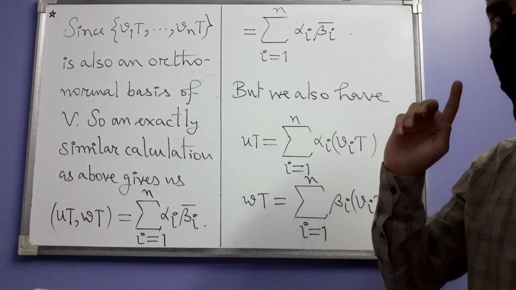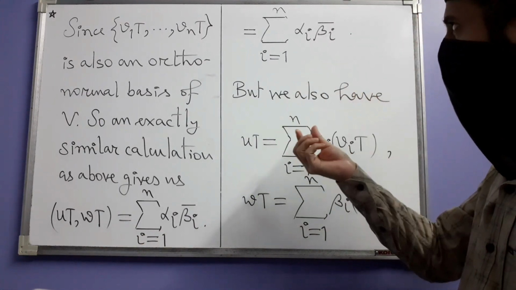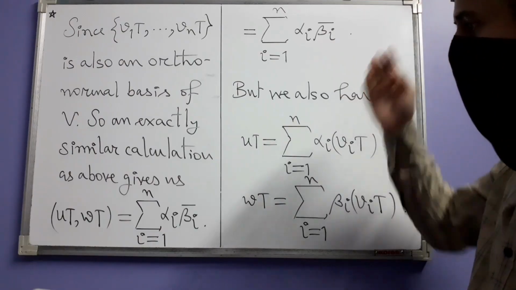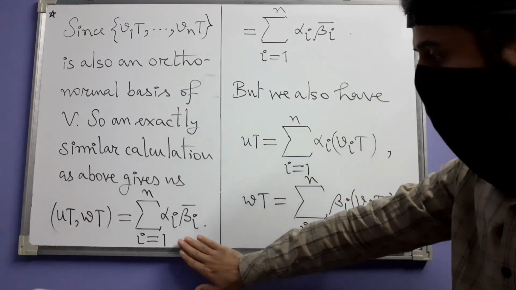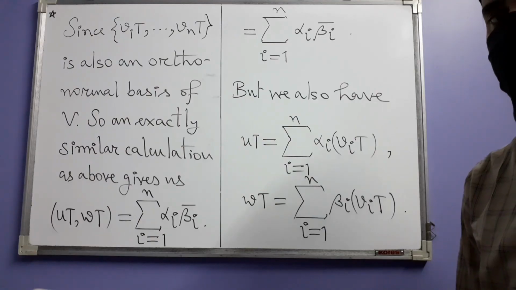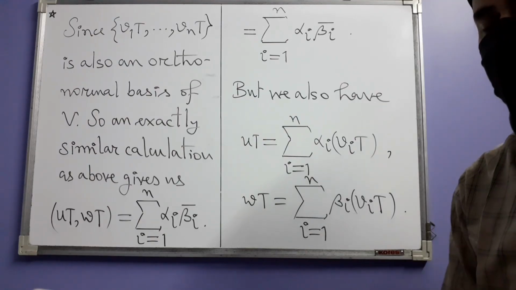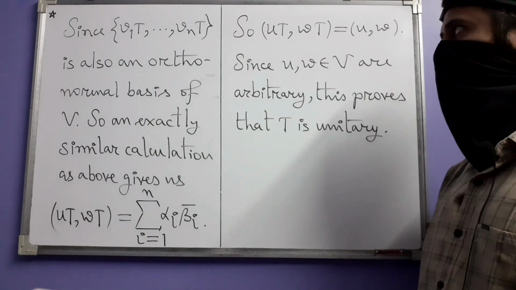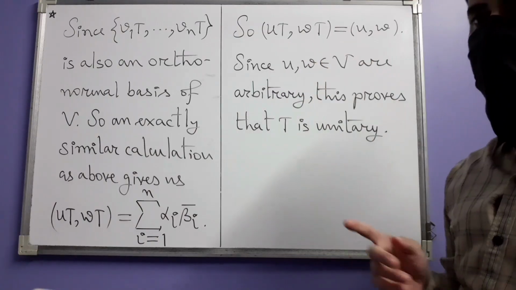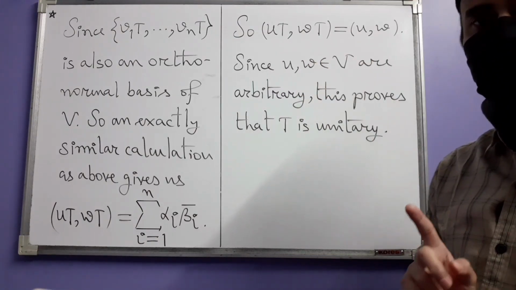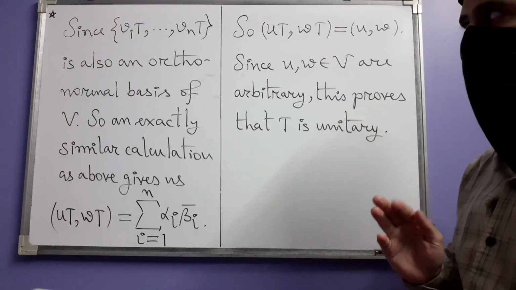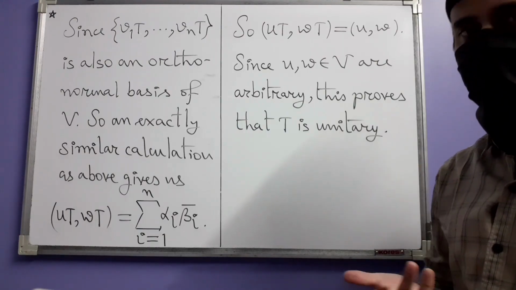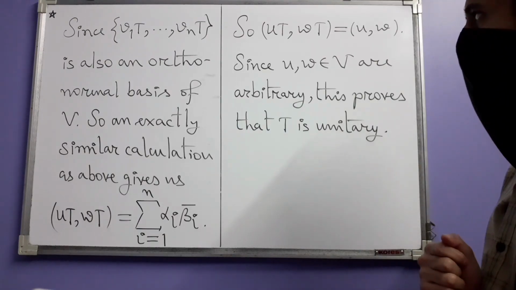What did we get there? That the inner product of u and w is this. Now the inner product of uT and wT will be this exact same thing. So that's why they are equal. So we write that fact here, that the inner product of uT and wT equals the inner product of u and w. That means T is an inner product preserving linear transformation.